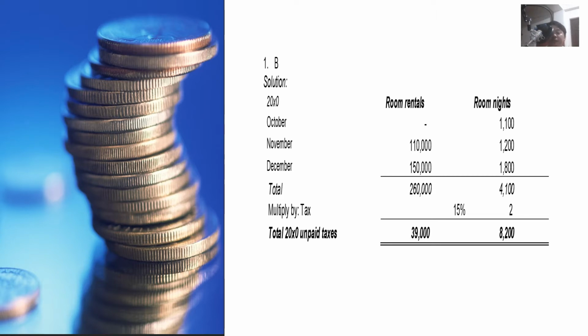So, as of December 31, liability pa rin yung para sa October, November, at saka December. So, i-add mo lang yung tatlo, 1,100, 1,200, 1,800 equals 4,100. Tapos, ang rate niya ay, yung occupancy ay 2 pesos per night. Diba? So, 4,100 times 2 pesos is equal to 8,200. So, 39 at saka 8,200 is letter B.